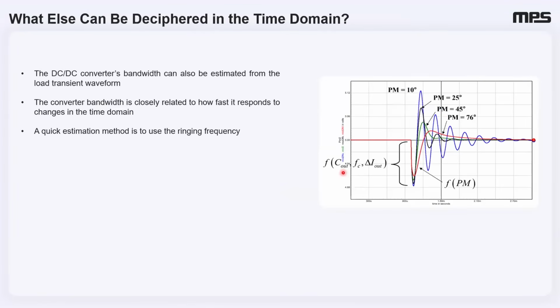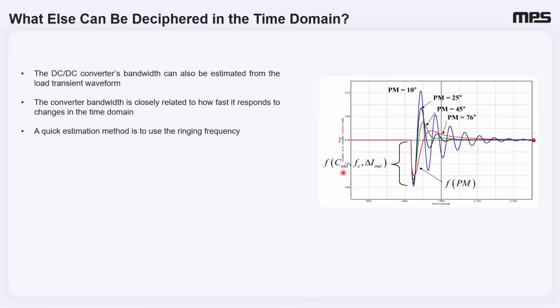Beyond phase margin, the time domain can also offer insights into another critical parameter called the bandwidth. The DC-DC converter bandwidth can also be estimated directly from a load transient waveform, as it's closely related to how fast the converter responds to changes in time domain.